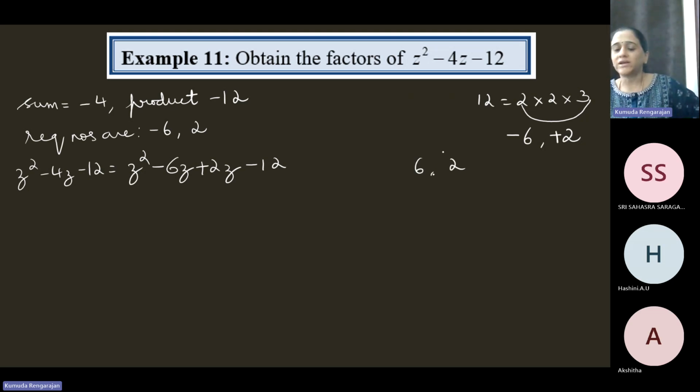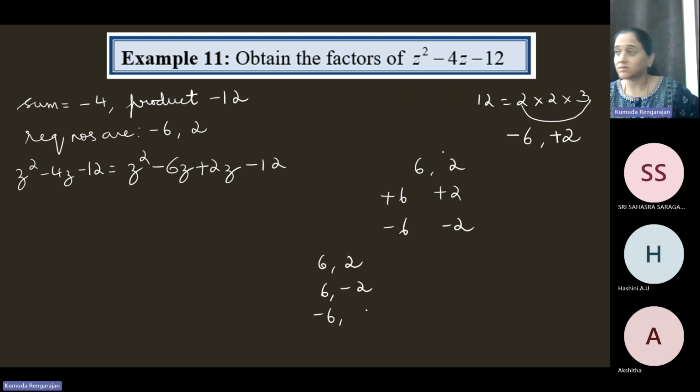You can take a +6 or a -6, and for 2, +2 or -2. So what are the 4 ways in which you can take the numbers? +6 and +2, +6 and -2, -6 and +2, -6 and -2. Only one of these will work.